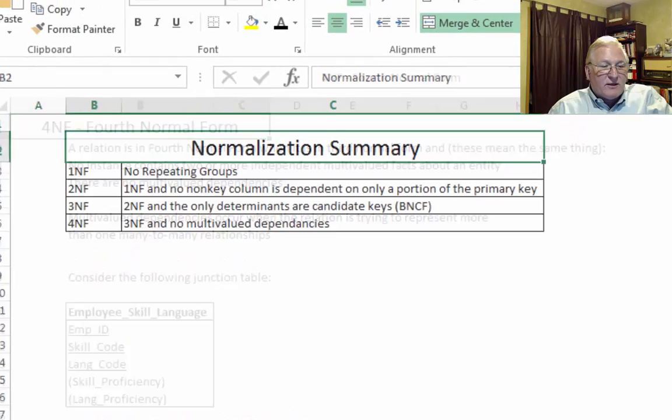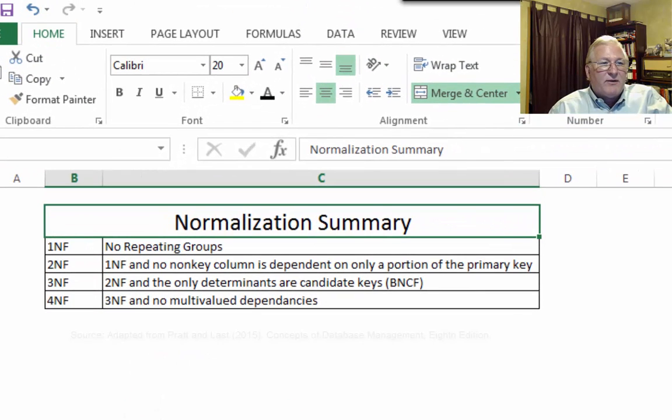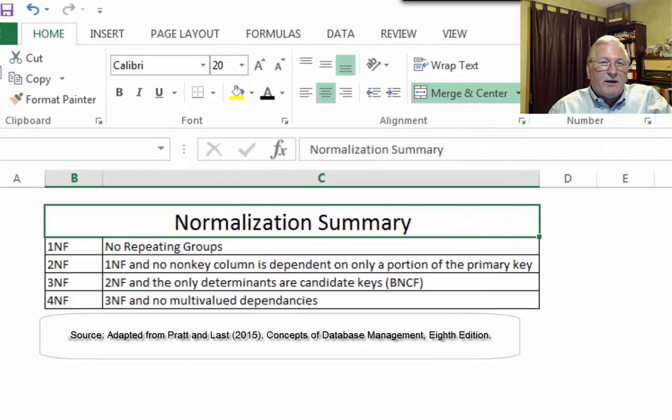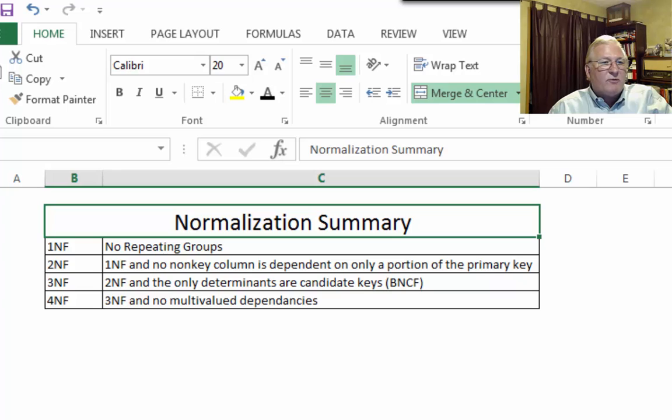So with that drawing to a close, let's just quickly review the normalization summary, the steps you need to go. These proceed in order. First normal form is no repeating group. Second normal form, it has to be in first normal form. We have compound keys, at least two attributes comprise the key.